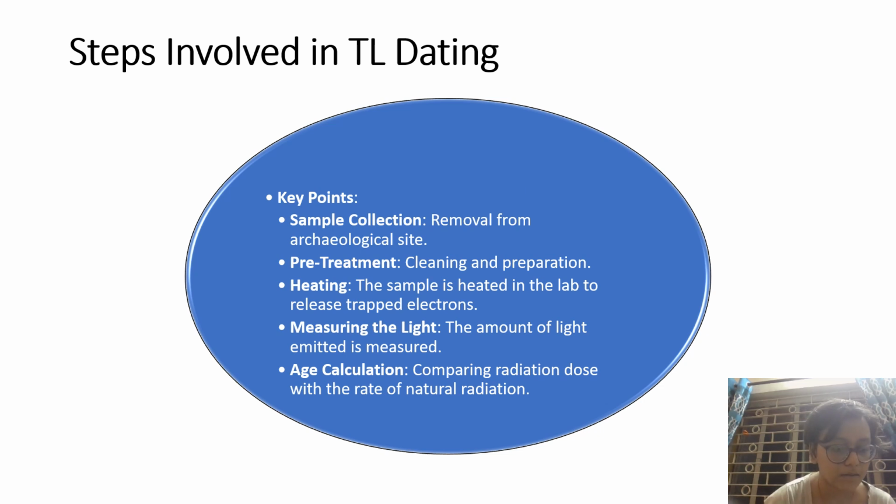It is usually cleaned and impurities are removed, and the sample is then heated to release the trapped electrons, and the light emitted is measured using special equipment. Finally, the age is calculated by comparing the radiation dose received over time with the rate of natural radiation in the environment.